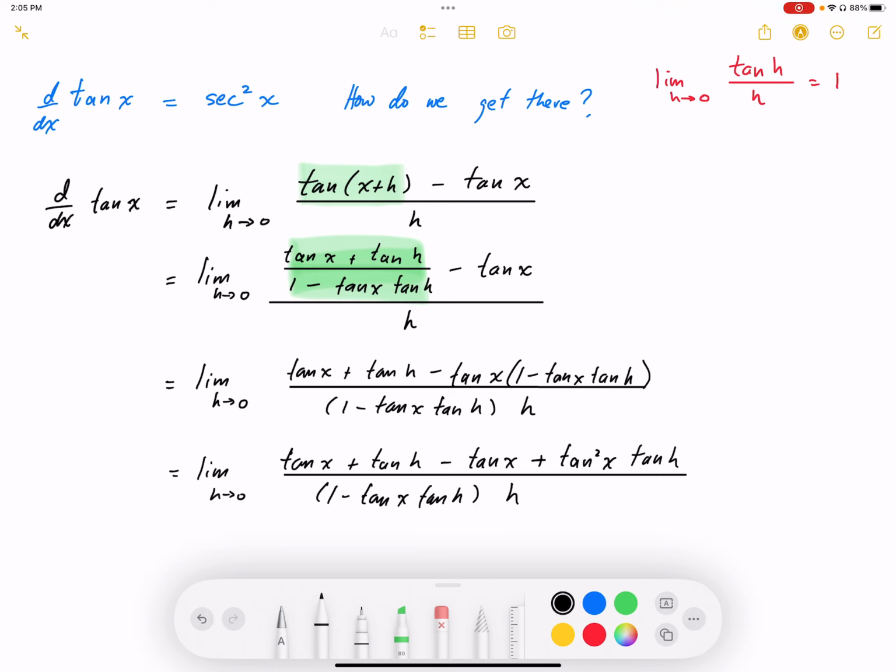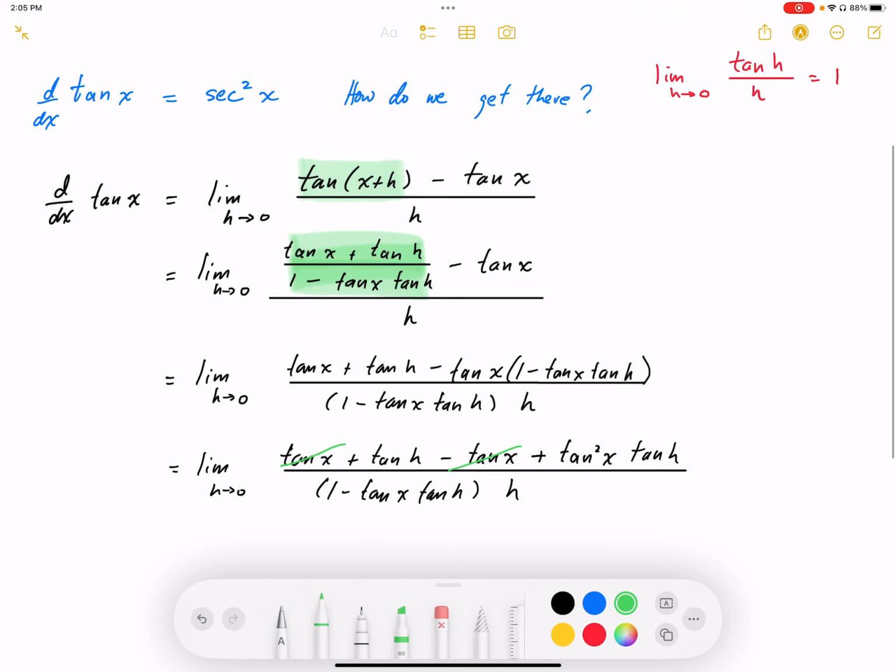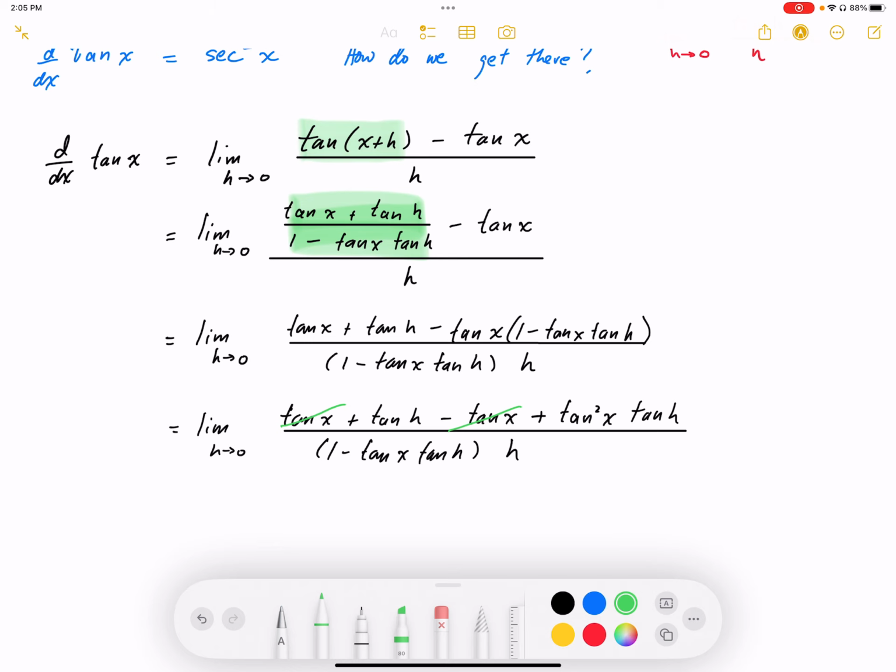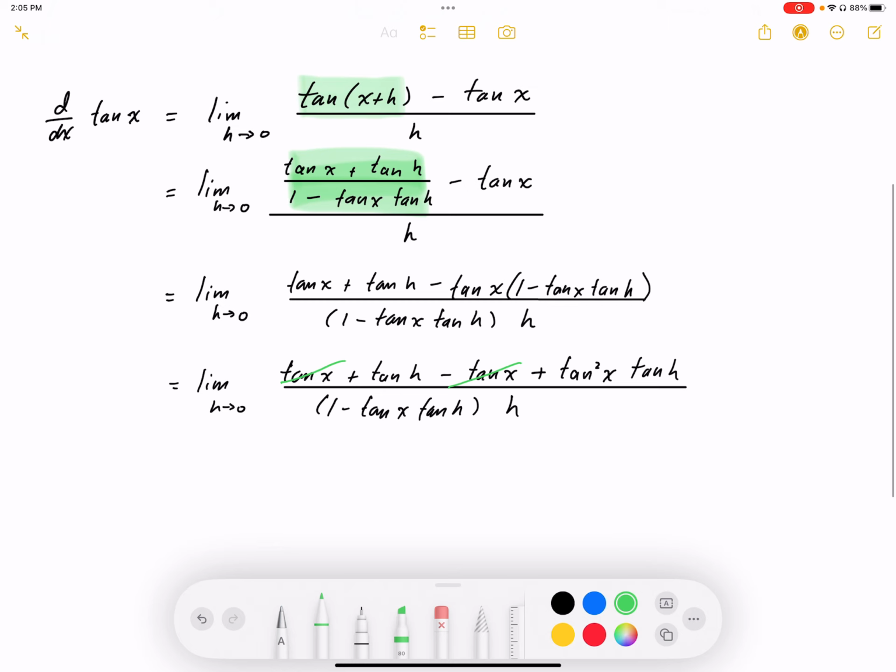So we can see that some terms are going to cancel out, so tan x, the minus tan x, and I'm left with tan h plus tan squared x times tan h. Now, the nice thing about that is I can factor out a tan h, and then we're going to be able to generate our identity that we need.